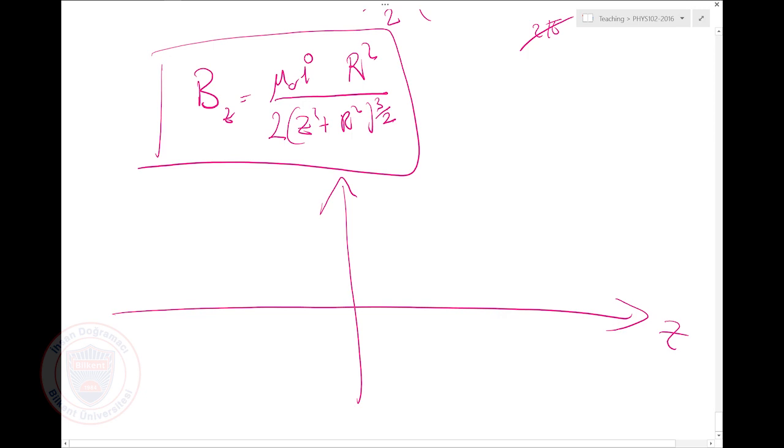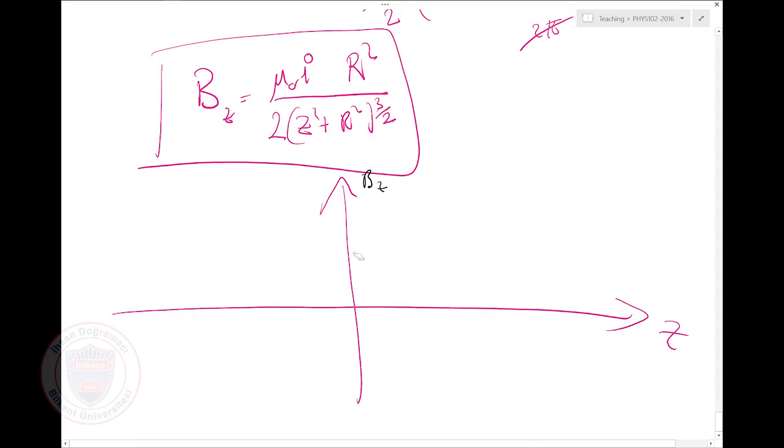Does that make sense? Look, I have a loop that has a current. The maximum does make sense. That's where everything adds up. Okay? So the maximum is at the center of the loop. That's why when I had many loops, when I added them, I got the uniform nice field of a solenoid. Alright? So the loop magnetic field is maximum at the center.